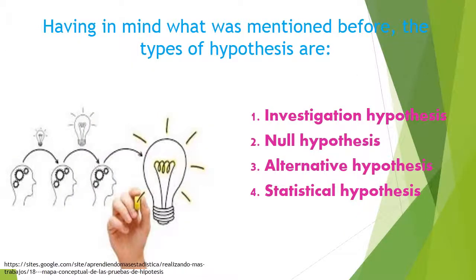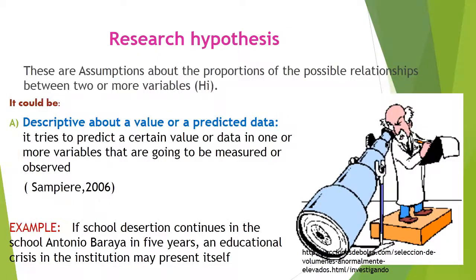Keep in mind what was mentioned before, the types of hypotheses are investigation hypothesis, null hypothesis, alternative hypothesis, statistical hypothesis. Research hypothesis. These are assumptions about the proportions of the possible relationships between two or more variables.